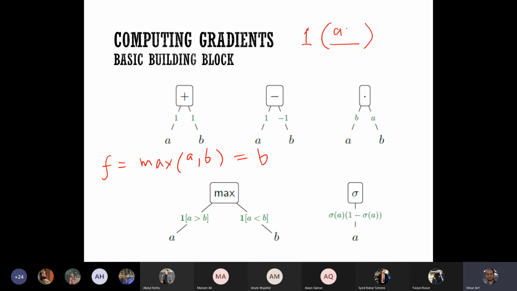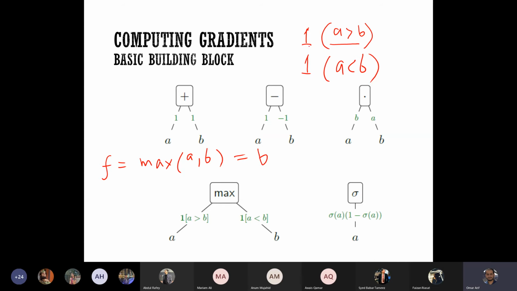So if I write a greater than b, this indicator function is going to output 1 only if a is greater than b, otherwise it is going to output 0. Similarly, this indicator function is going to output 1 if a is less than b, otherwise it is going to output 0.